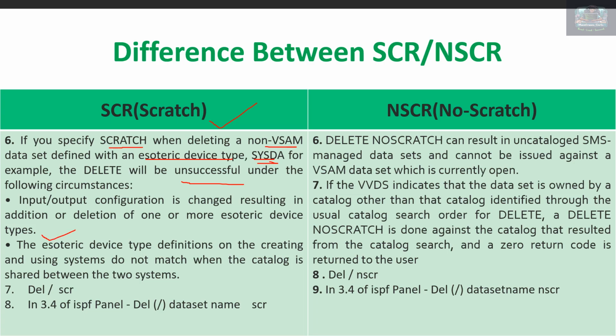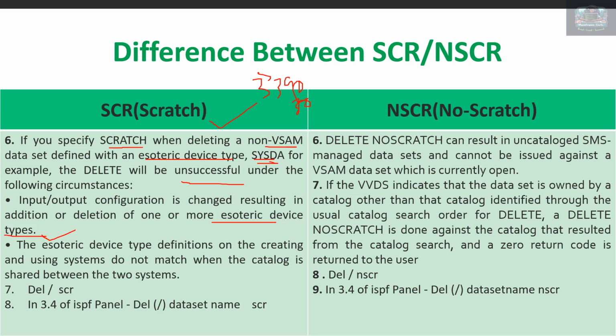These esoteric device types are configured in the system in the IOGEN. It will say these are the particular unit types you have to use: 3390, 3380, SYSDA, unit, tape. These are predefined keywords under which some of the devices will be there.